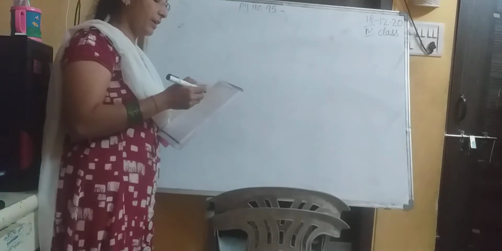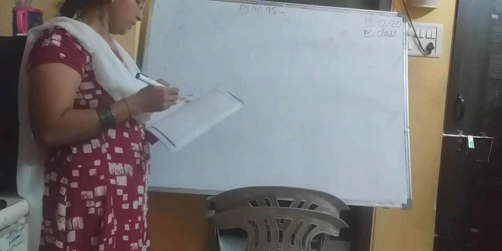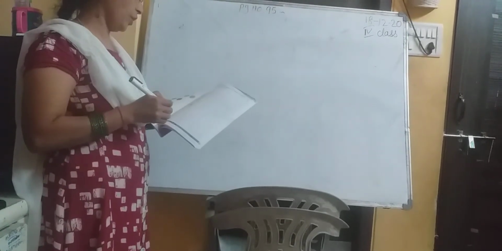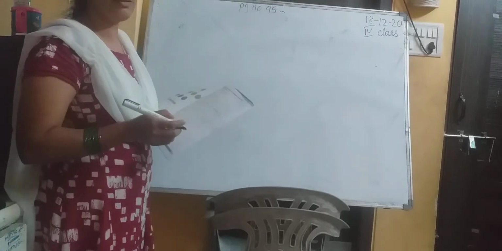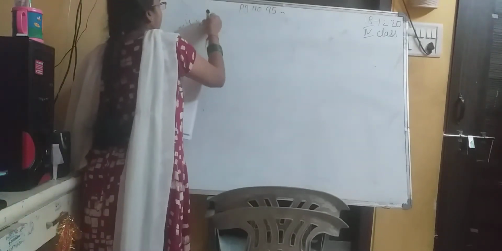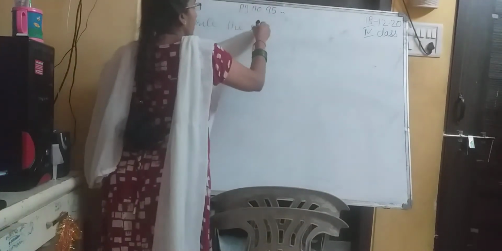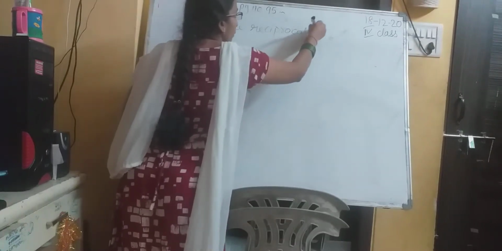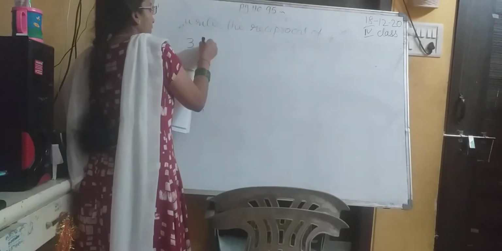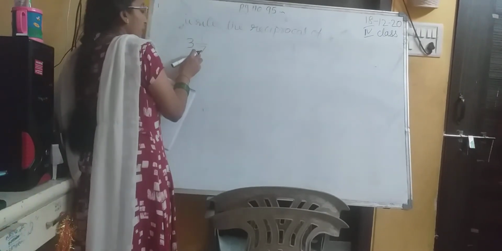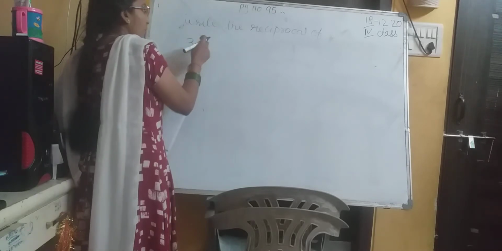Page number 95. What are you going to write first? Write the reciprocal of 3 1 by 7. Reciprocal means reverse. First change it into an improper fraction. 3 sevens are 21, 21 plus 1 is 22 by 7.